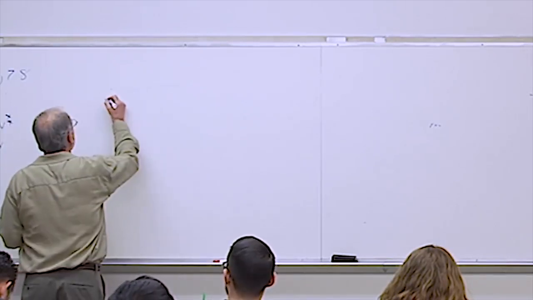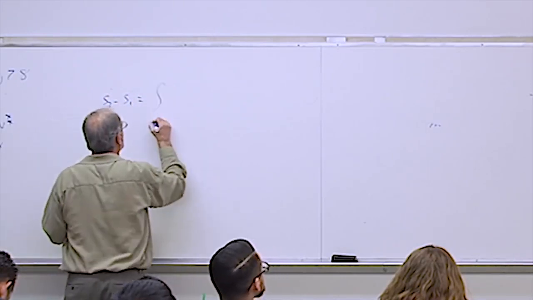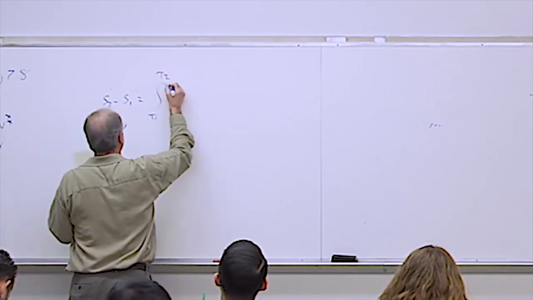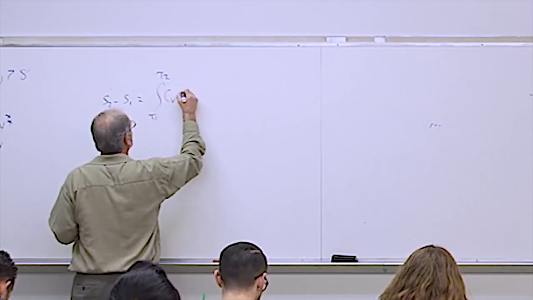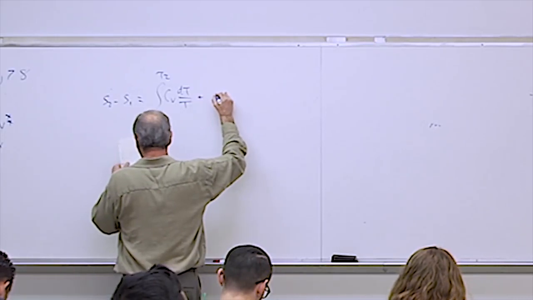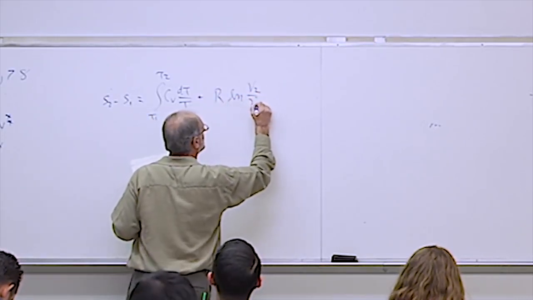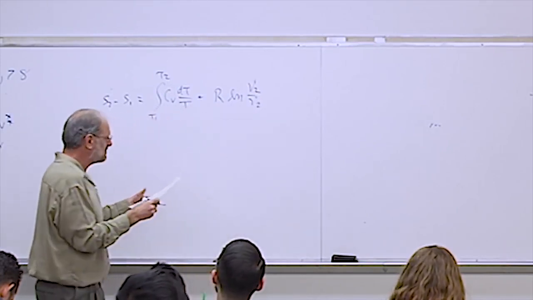So we would have found in your thermo class that the entropy change can be found this way. Just the integral of Cv dT over T evaluated between T1 and T2, then plus R times the natural log of V2 over V1. And those are specific volumes.